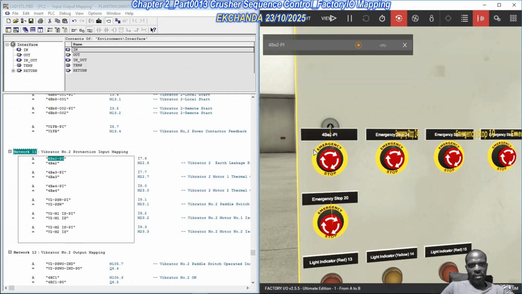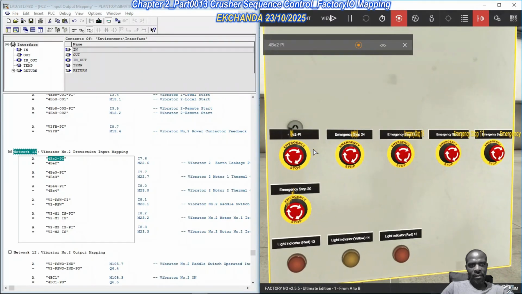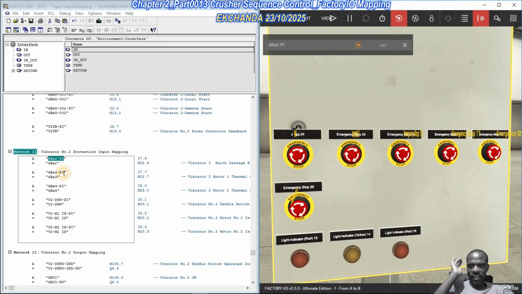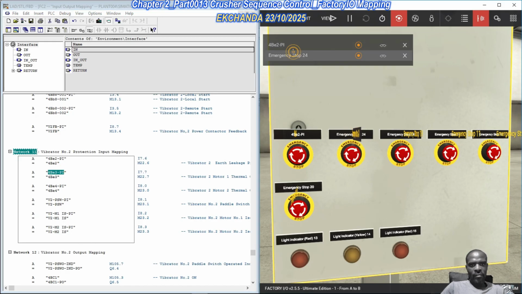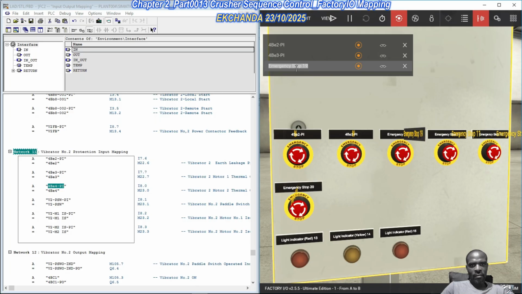Let's open. I need to turn it so that you're able to see what's happening. Okay. Then the next protection input. Third protection input. Fourth protection input, which is this one here.